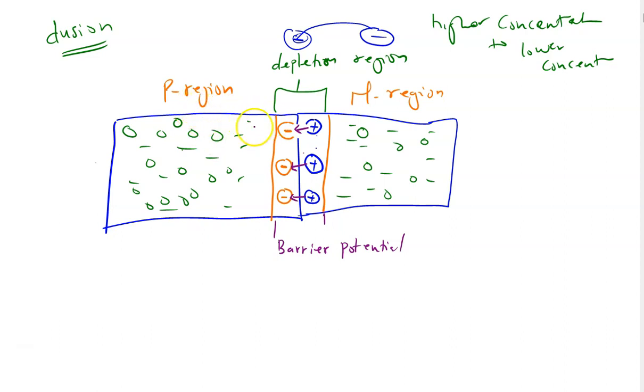But an equilibrium can be obtained, and at equilibrium you have the electrons at the edge of the p region, and the holes at the edge of the n region. Once that region is created, it is termed as the depletion region.